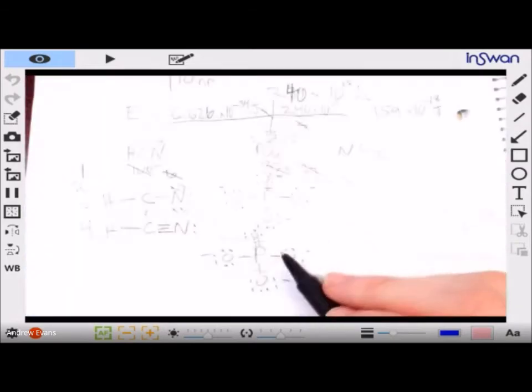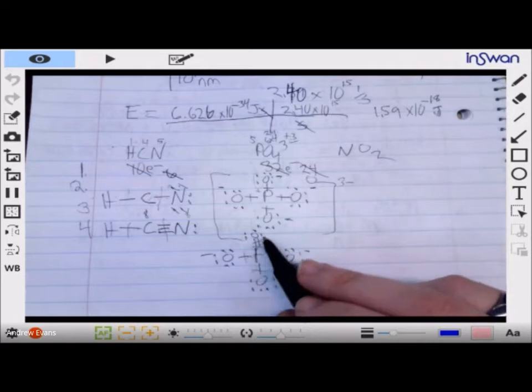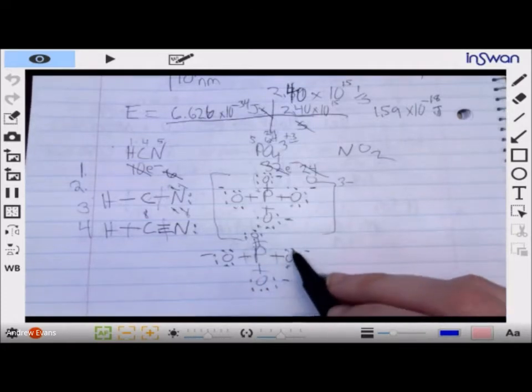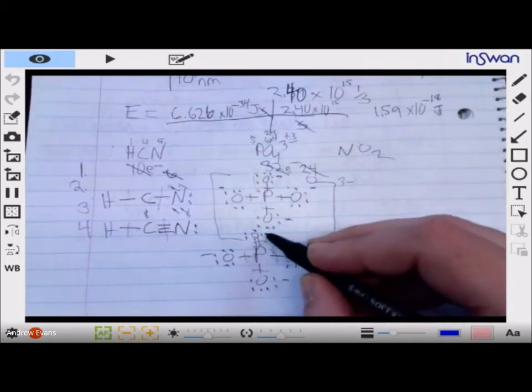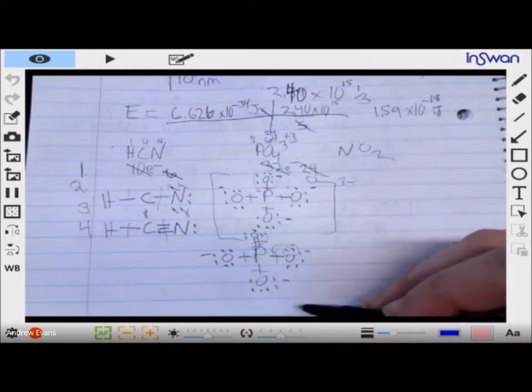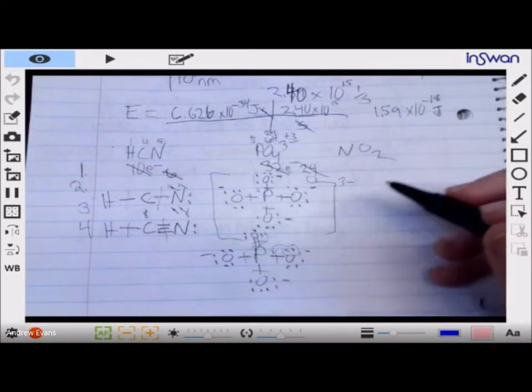And resonance structure allows us to swap these double bonds around. This double bond could go down to there, and so this lone pair comes down, makes a double bond, kicks these electrons up. So we could have 3 other resonance structures you could draw with that guy.